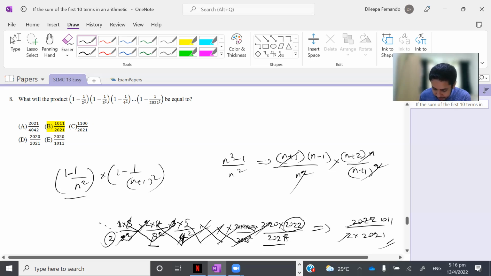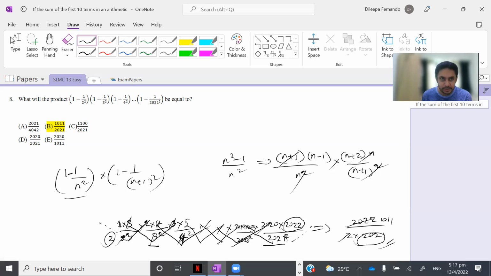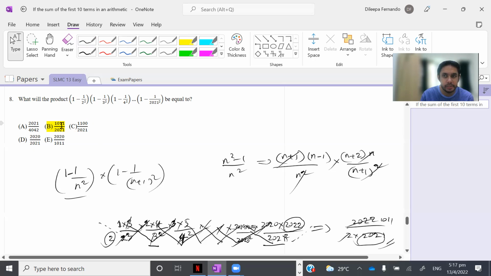And here also this happens: 2022 does not cancel out, and 2021 cancels out from only one side. So we have 2021 remaining, 2022 remaining, we have 2 remaining. So this is the telescopic product. So the final answer is 1011 divided by 2021.